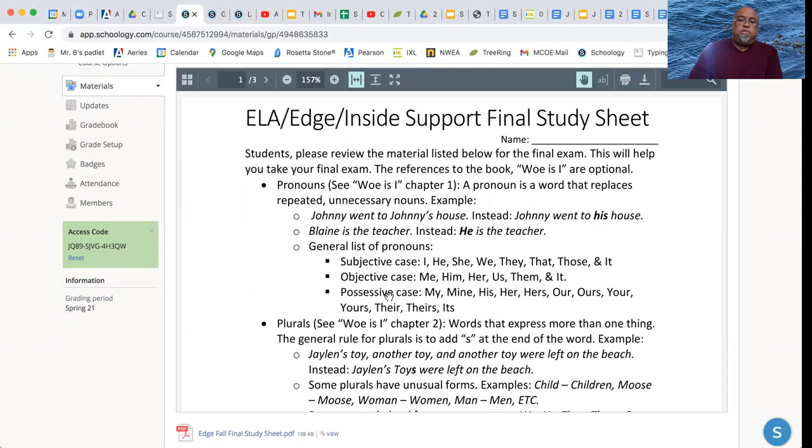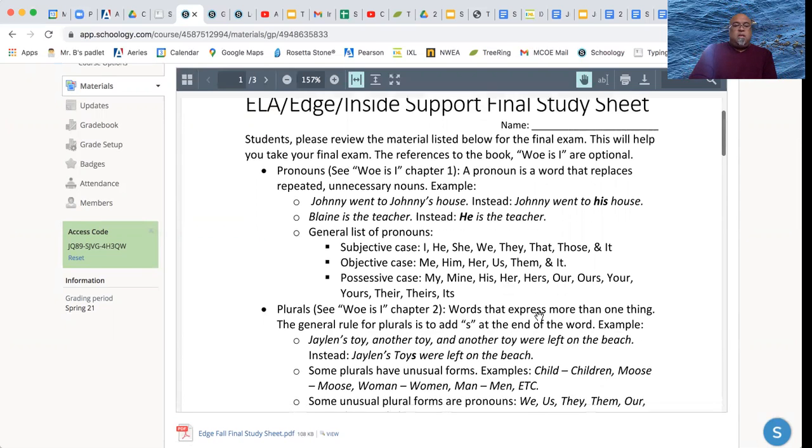Possessive case pronouns are basically the ones that show ownership: my, mine, his, her, hers, our, ours, your, yours, their, theirs, and its. They will usually go in either subjective or objective. Generally speaking, the ones that end in S, like theirs, yours, ours, hers, will most likely be in objective case or in the predicate of the sentence.